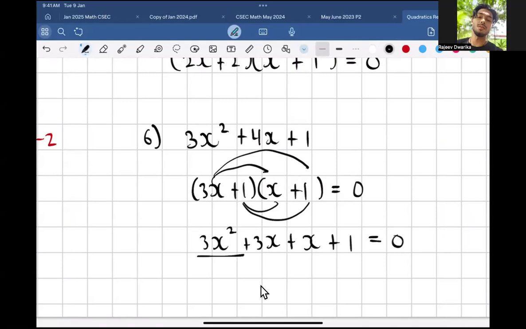Do we have any other x squared terms? Or 3x squared is the only one? 3x squared is the only x squared term we have there. We can't do anything with that. You see multiple x terms, but nothing else besides the 3x squared. So I have a 3x and I have an x. If you were to tell me how many x's I have altogether, it'll be 3x plus that x.